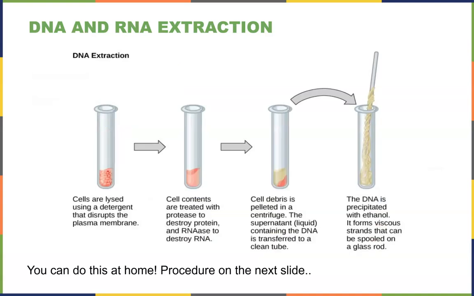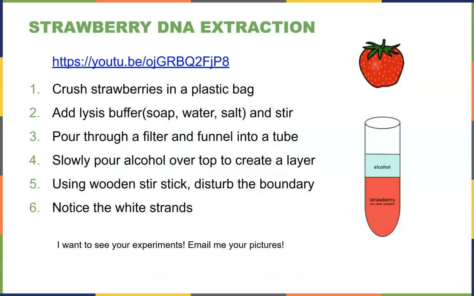And you can do this at home too. I can show you the procedure, but you're going to have this strawberry. You could do this with strawberries or bananas. They have a lot of DNA. You can lyse the cells, the strawberry or the banana cells, and you are not going to spin it in this procedure, but eventually you get this spaghetti-like material that's DNA.